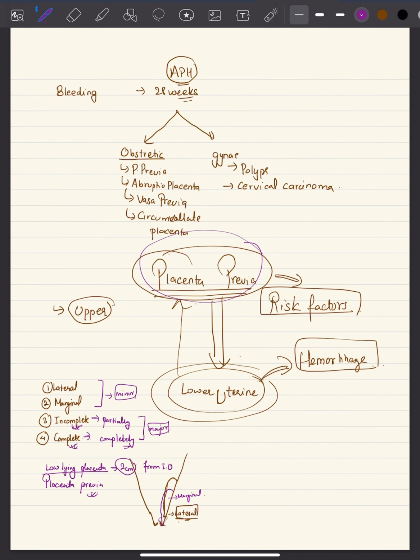So what makes a woman prone to having placenta previa? The first one would be the previous history. If she has a previous history of placenta previa, then she is more prone to have placenta previa this time. The second one is multiple gestation.